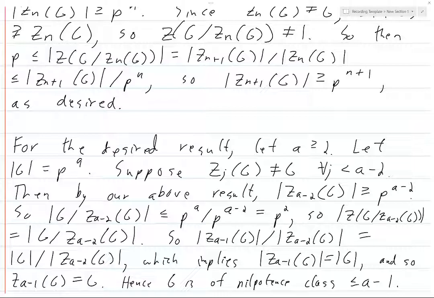And I don't see why you would want to know about the upper central series of a group which you already have information about. Maybe if this problem was saying, suppose that a group has an upper central series, prove that you know this about the group, then that would actually be a little useful, because even if I don't know much about how people thought of the upper central series, at least you can use it to learn about groups.